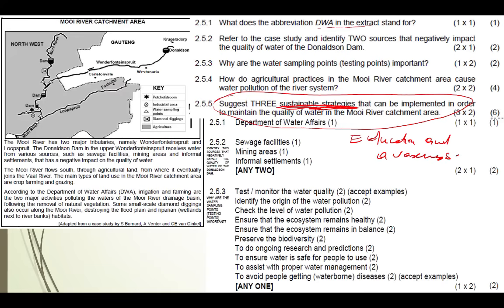It does not matter what the question is. If it's a sustainable strategy to reduce urban heat island, it's education and awareness. If it's a strategy to keep the rivers clean, it's education and awareness. If it's a strategy to reduce the impacts of tropical cyclone, it is education and awareness. If it is a strategy to reduce the impacts of mid-latitude cyclone, it's education and awareness.